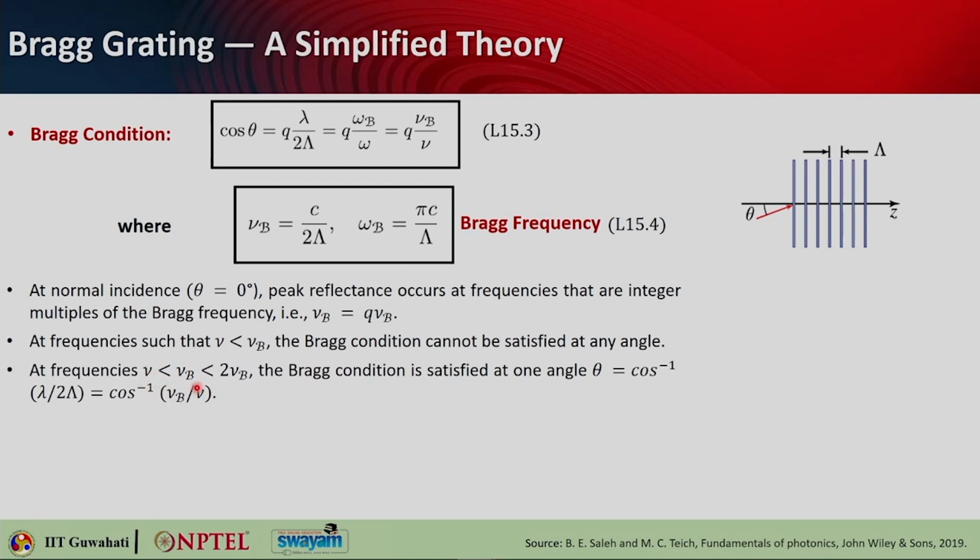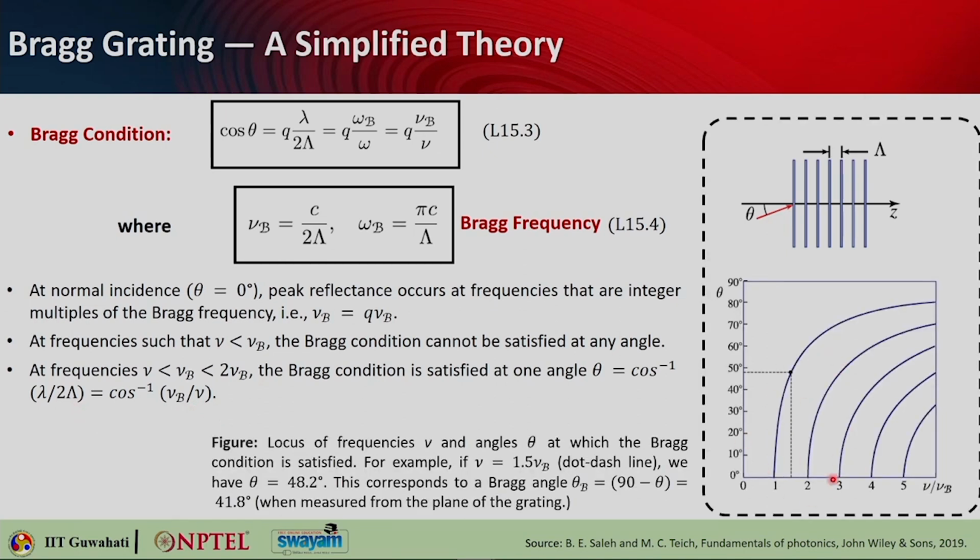For the frequency between nu b and 2 nu b, you can see that the Bragg condition is satisfied at one angle, and that angle is theta equals cos inverse of lambda over 2 capital lambda, or you can write it as cos inverse of nu b over nu. So you can see those calculations here. Here is a plot that shows the locus of frequencies and the angle at which the Bragg condition is satisfied.